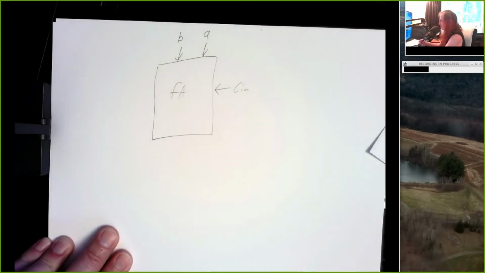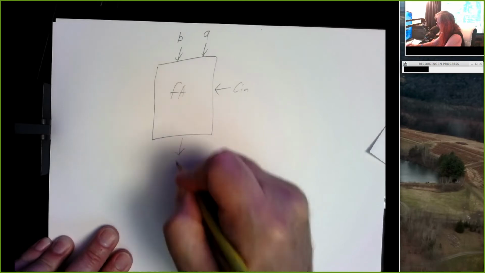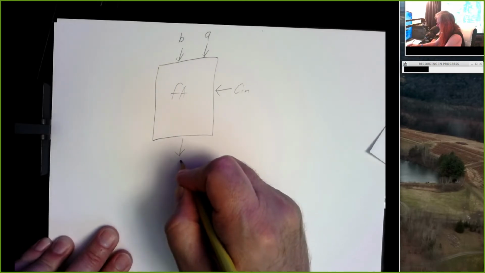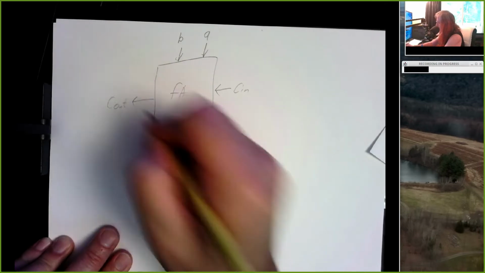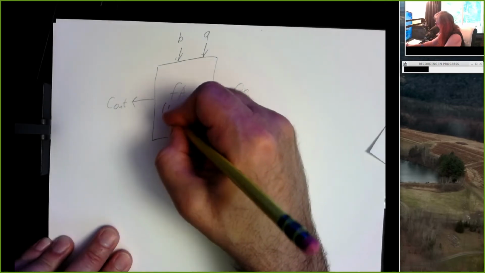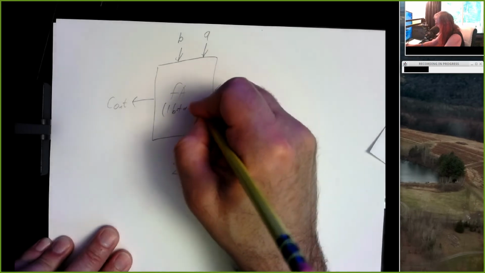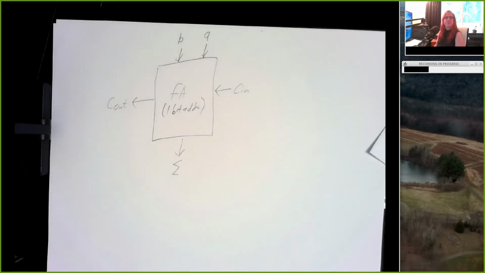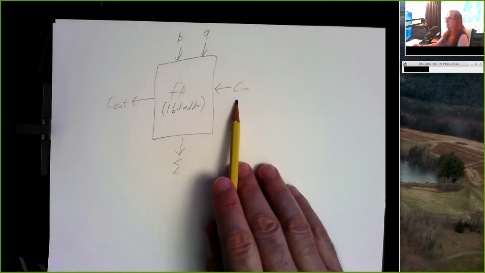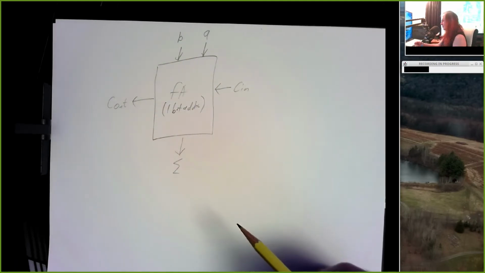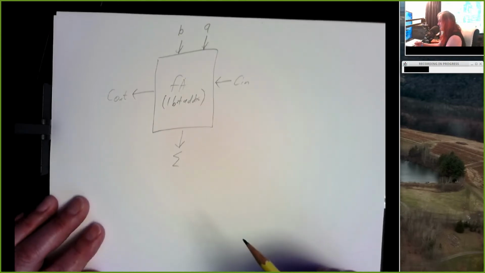It has an input called a carry in. It has an output which I'll call a sum, and another output which is a carry out. And this is a 1-bit adder. So it adds 2 1-bit numbers, but it also optionally adds a 3rd bit, which we call a carry input, an incoming carry.